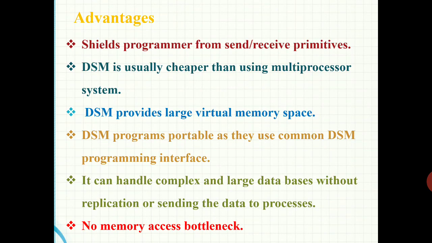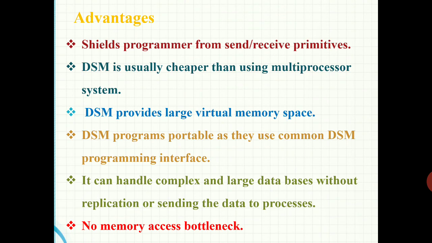Distributed shared memory provides a large virtual memory space. That is, large memory sizes are available to the programs by combining all the physical memories of all nodes. This large memory will not incur disk latency due to swapping, like in the traditional distributed system.